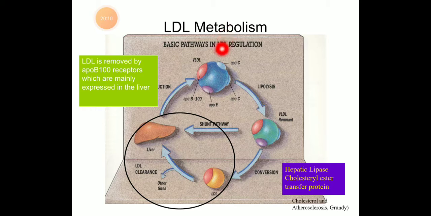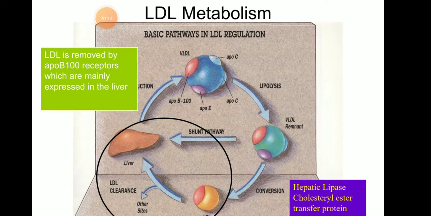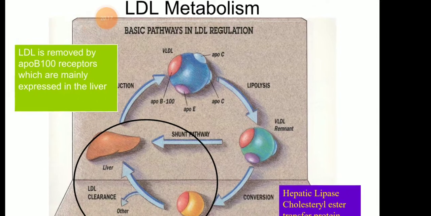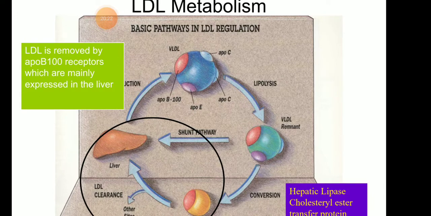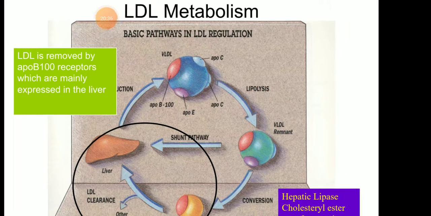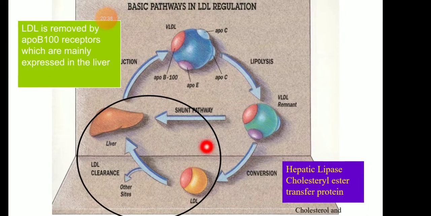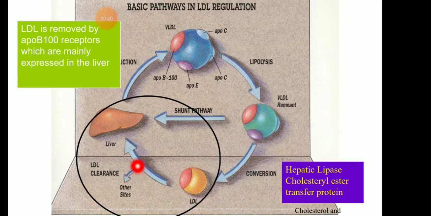So the one which I mentioned is being shown here. Here you see the VLDL. LDL is removed by ApoB100 receptors, which are mainly expressed in the liver. Here you see the VLDL, the ApoB100 receptor. Characteristic of LDL is the VLDL lipolysis done by lipoprotein lipase, the VLDL remnant conversion, and then it is ultimately converted to LDL, and these LDL receptors are taken up here by the liver.